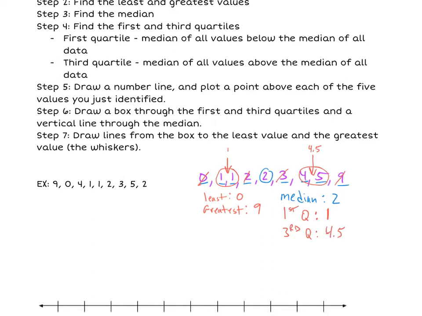What about the second? There's not one named second quartile because that's just our median. So now how many numbers do we have? 5 numbers. That's all we're looking for, 5 numbers.